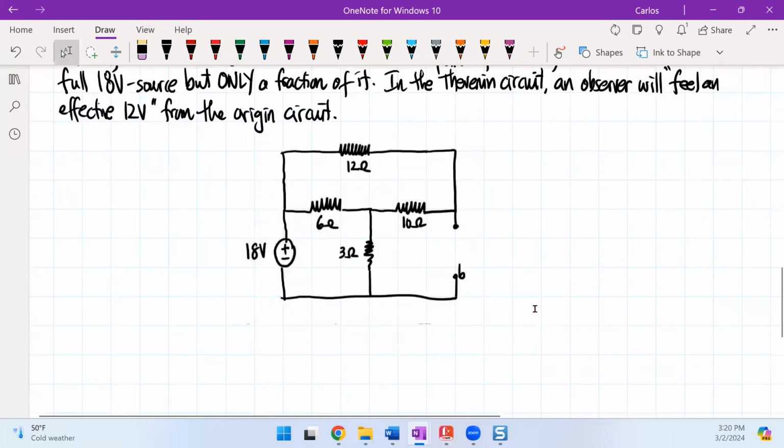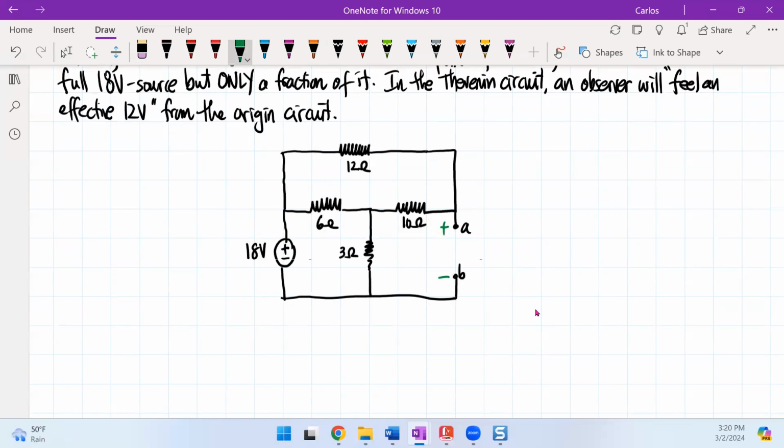So I keep saying from the viewpoint of the load. In other words, there is a 12-volt value between A and B. So if I look from the viewpoint of the load, so if you're standing right here, of course you don't see the 18 volts. You're seeing the 12 volts.